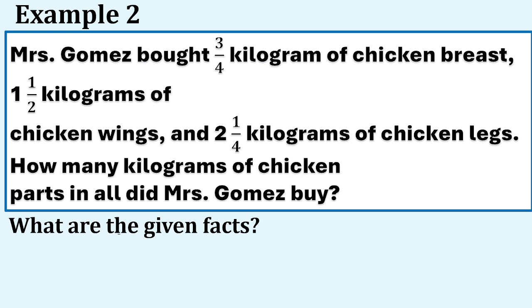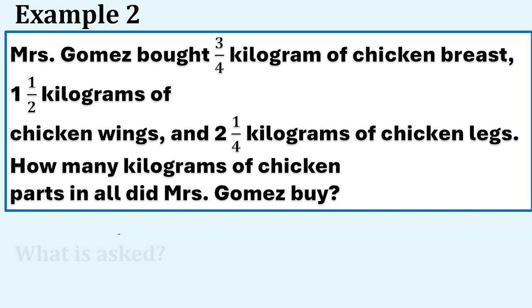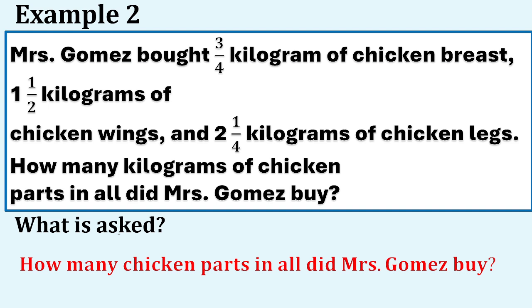What are the given facts? The answer is 3/4 kilogram of chicken breast, 1 1/2 kilograms of chicken wings, and 2 1/4 kilograms of chicken legs. What is asked? How many chicken parts in all did Mrs. Gomez buy?